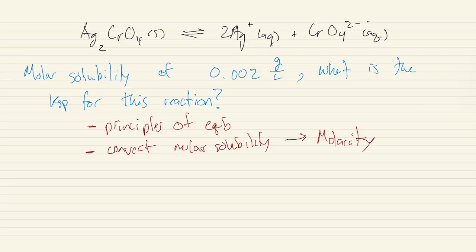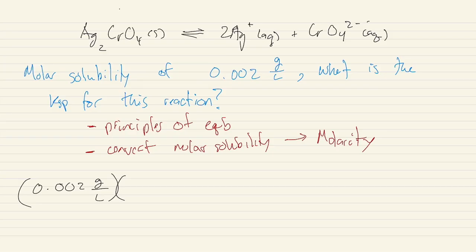And we need to think about how molar solubility is related to KSP. We need to convert the molar mass. We have 0.002 grams per liter, so we just need to convert grams to moles. So what's the molar mass? And which of the species up there are we calculating the molar mass for?